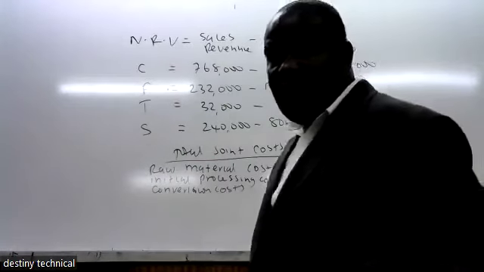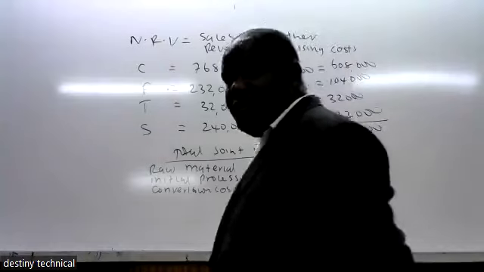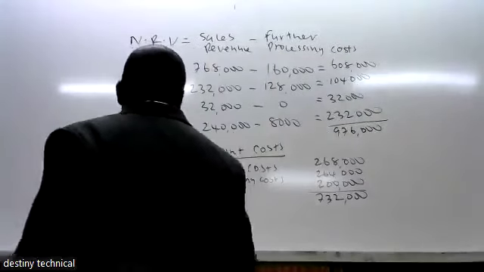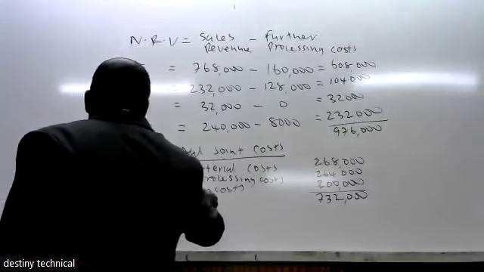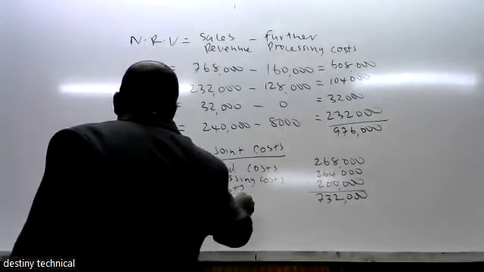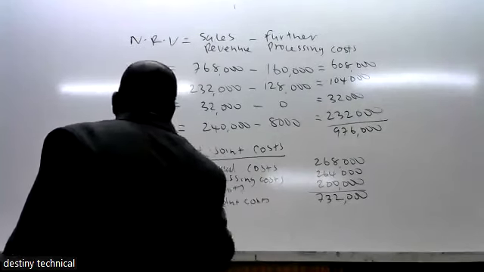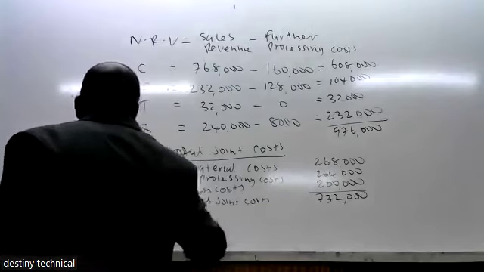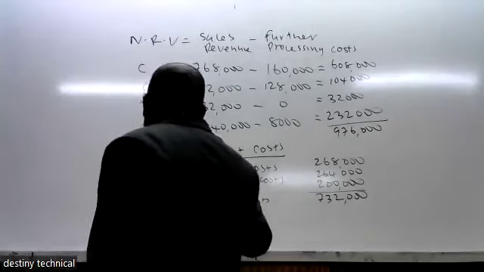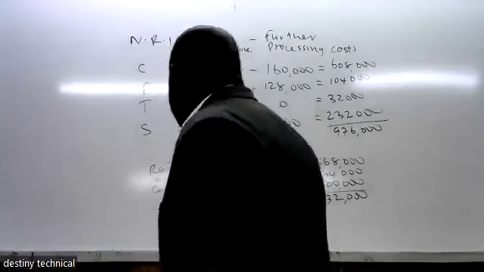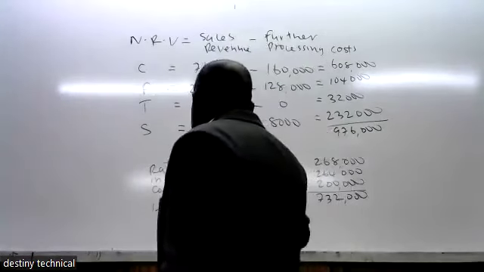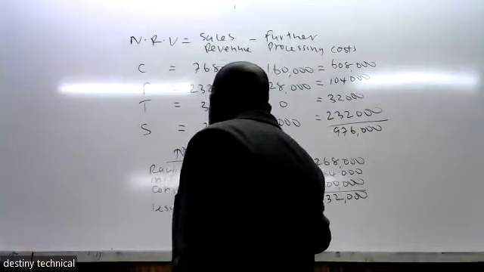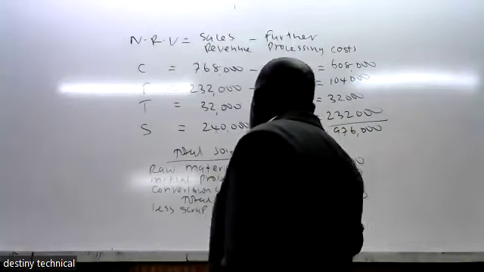So normally, if there is a normal loss, so this is the total cost. We normally less the scrap value of the normal loss.